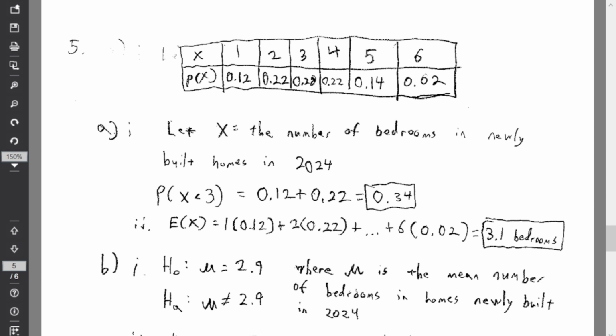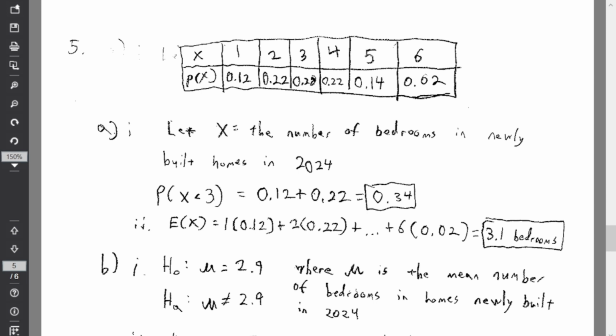So it does not give a particular direction. That means our alternative is going to be that the mean is not equal to the 2.9. And we're using 2.9 because that's what it was in 2017. So our null is that the mean is 2.9. Our alternative is that the mean is not 2.9. And mu is the mean number of bedrooms in 2024.